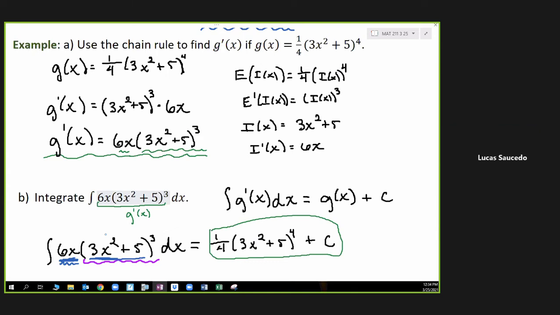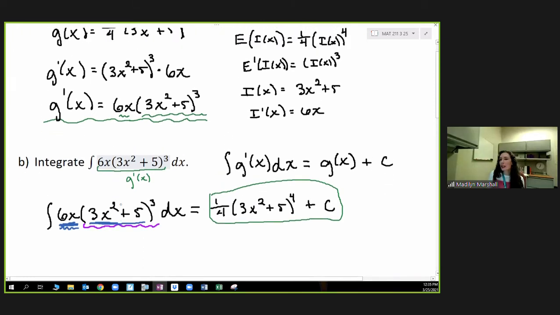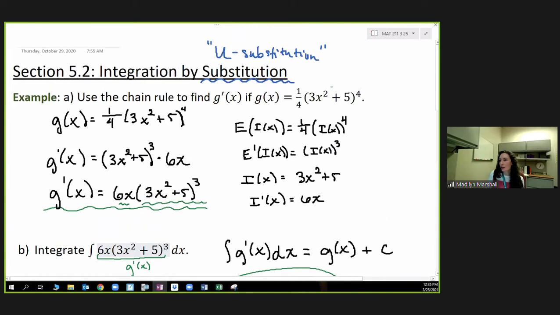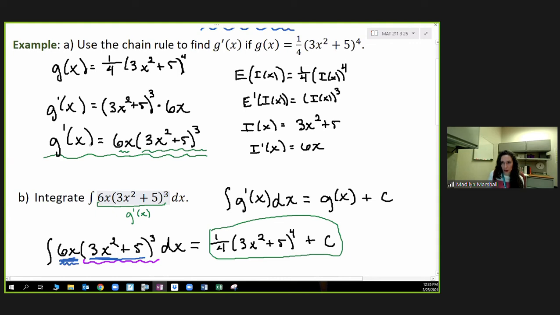So if we look at the integral compared to the original function g of x, why all of a sudden do we get an extra constant? Because this g of x that we started with has the derivative g prime, which we found.